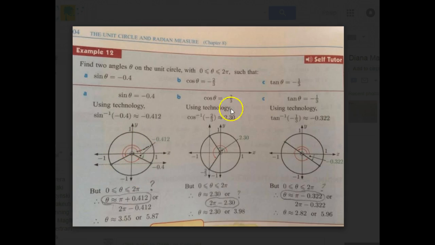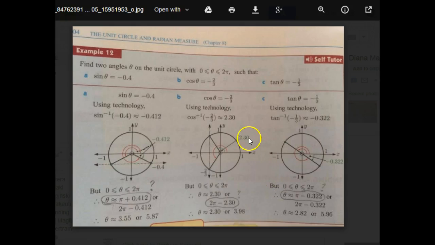So the book gives this explanation, and I thought that maybe this part is a little bit hard to understand, but I think the pictures that they gave are really good. This is the picture for two angles that have the same value of sine. This is the picture for two angles that have the same value of cosine. And this is the picture for two angles that have the same value of tangent.